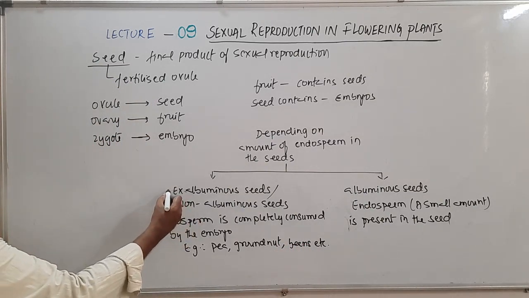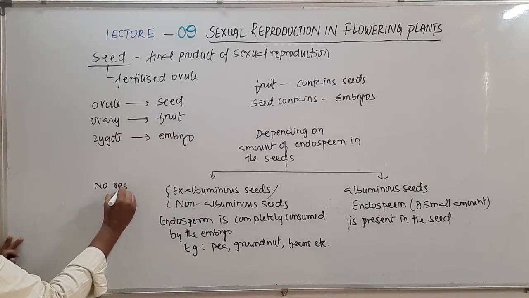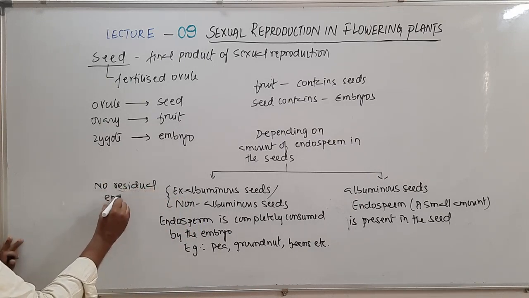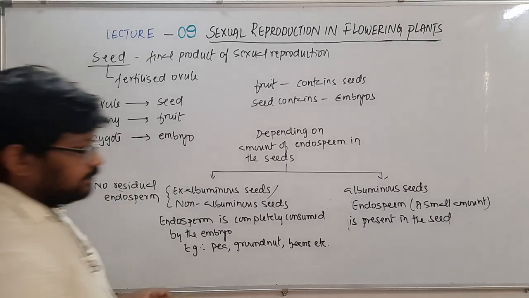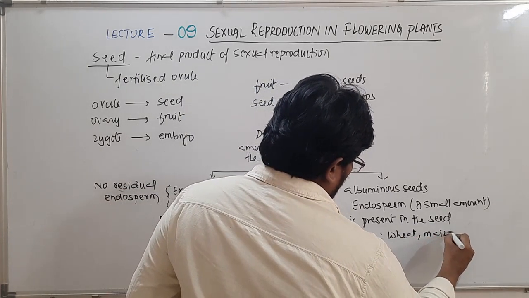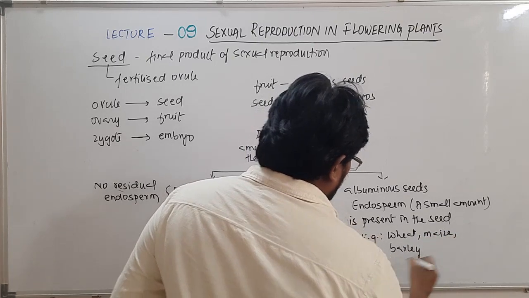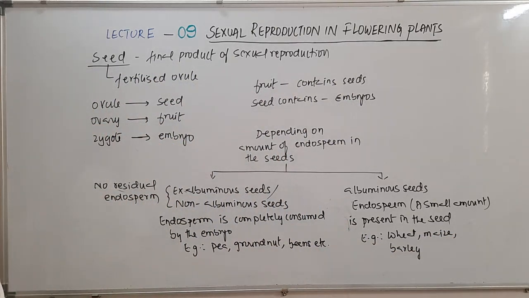So I can say in these there is no residual endosperm present. In the case of albuminous seeds, the examples include wheat, maize, barley, and so on, in which you will see the presence of residual endosperm.